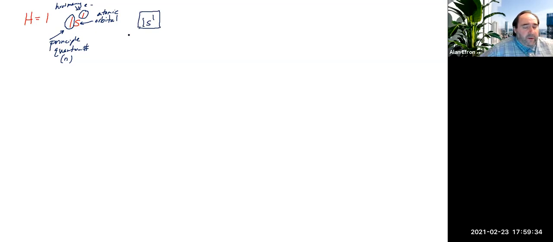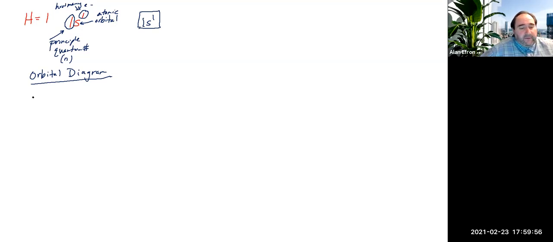Another way that we can represent electron configuration is by doing something that's known as an orbital diagram. Basically, an orbital diagram is where we use either lines or boxes to represent each of the orbitals that are present.